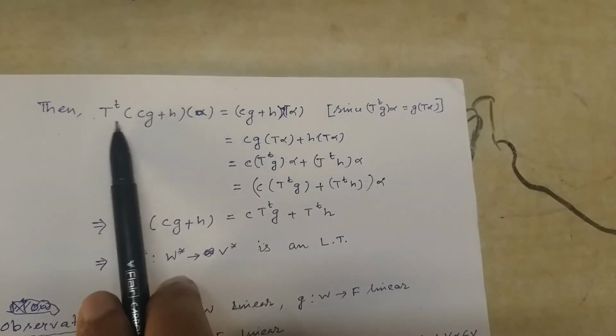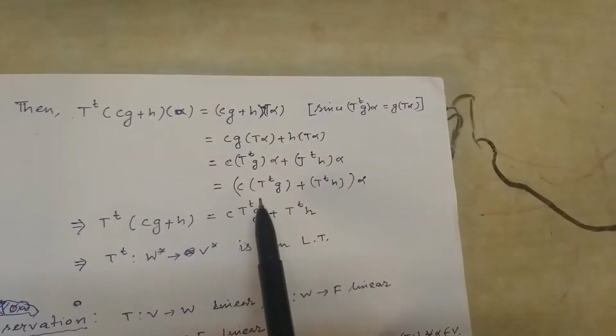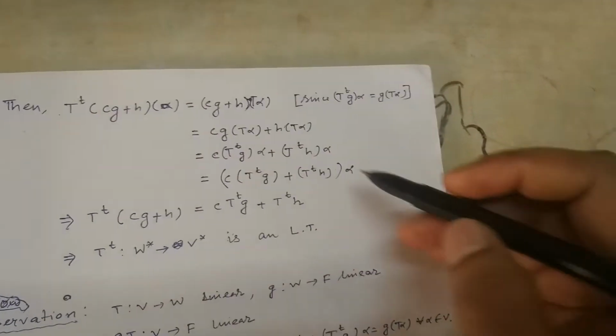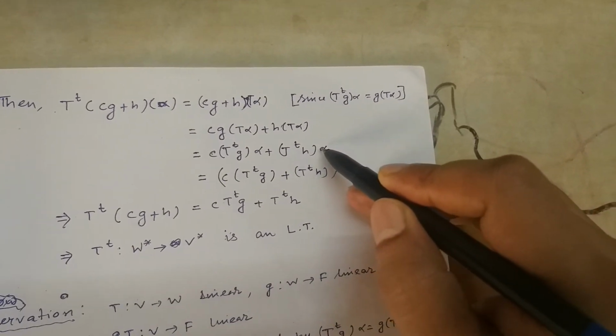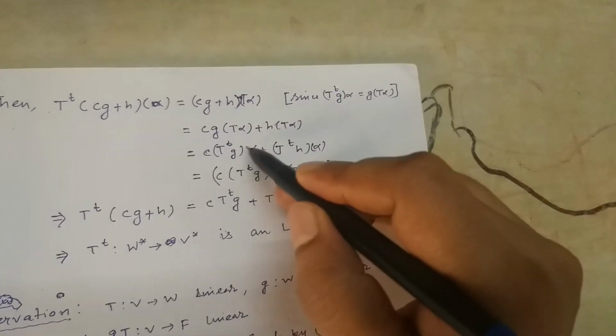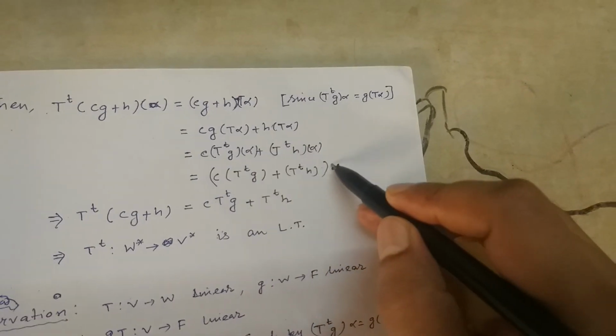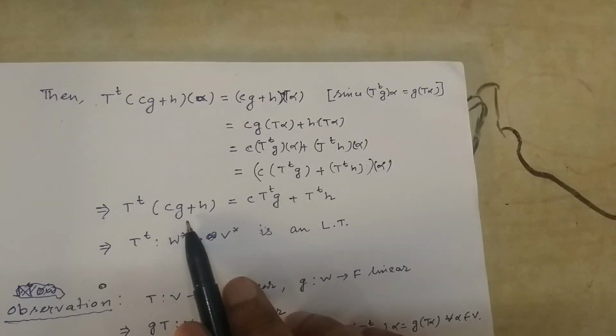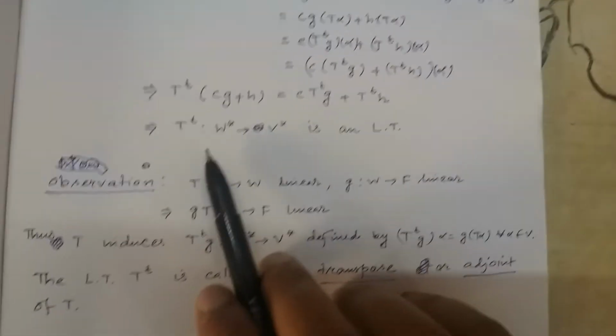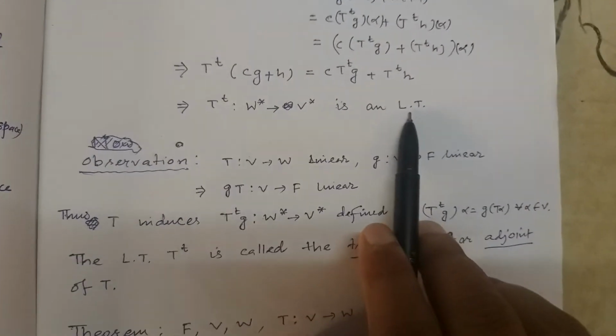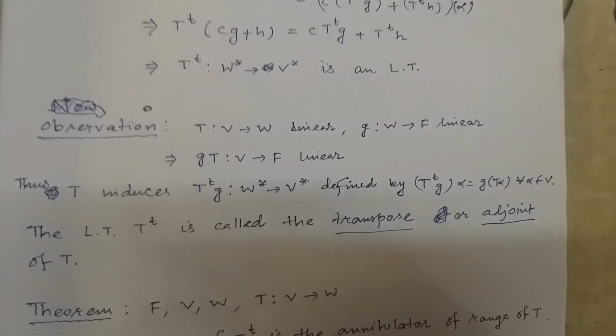That means T^t of CG plus H equals this. So T^t is a linear transformation. Clear? Now we have an observation.